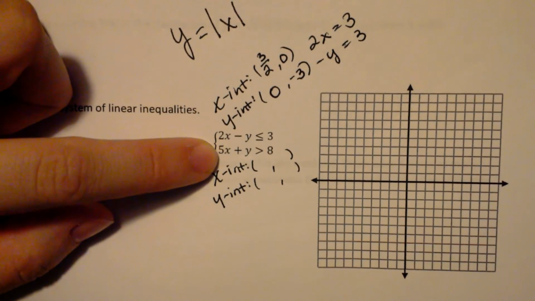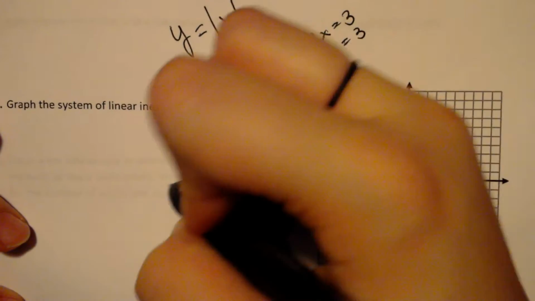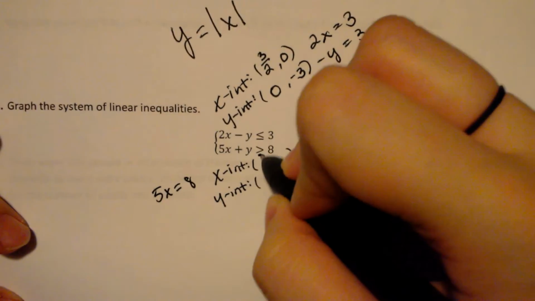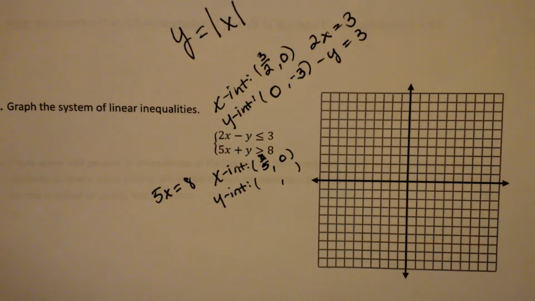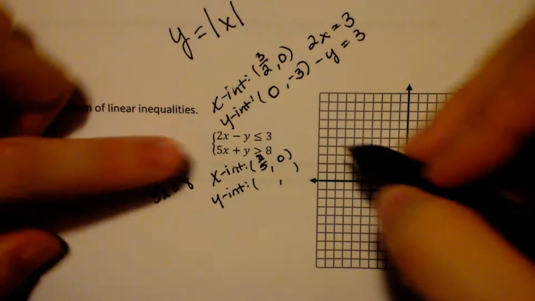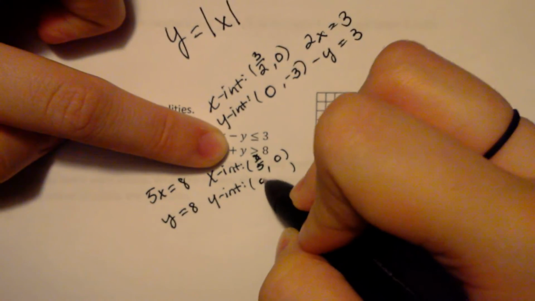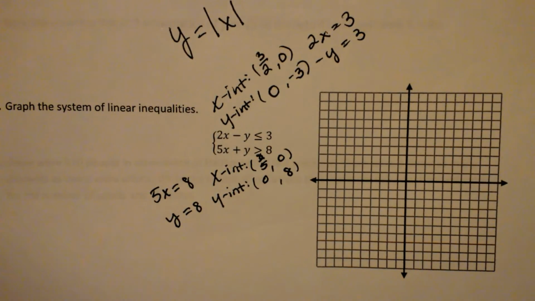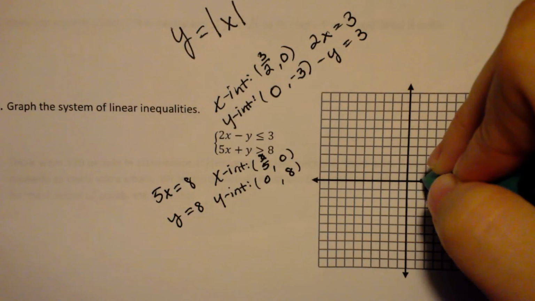For the next equation, my x-intercept, I'm going to have 5x equals 8. So 8/5, 0. My y-intercept, I'm going to have y equals 8. So 0, 8. So 3 halves, it's about 1.5.